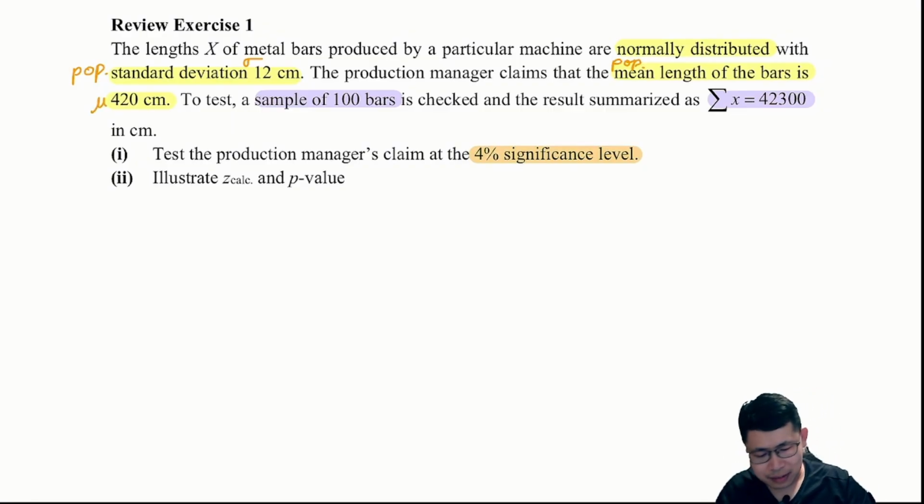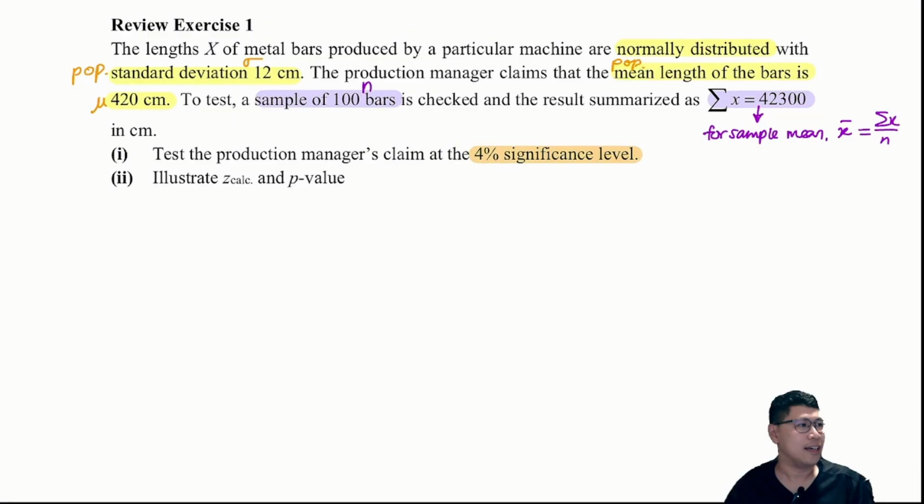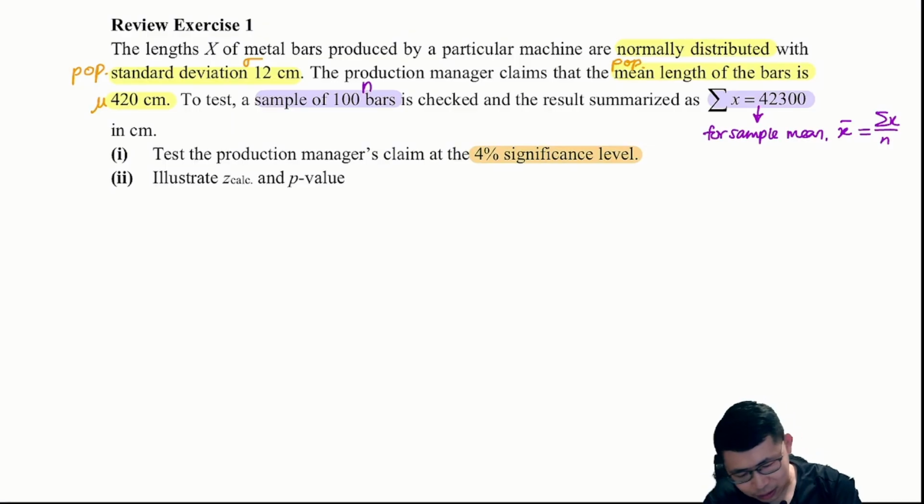We have a sample of 100 bars, so sample size n, and this sigma x from the sample will allow us to calculate our sample mean, which is x bar. x bar would be sum of x over n, which we will use later. So without further ado, let us kickstart the whole process.